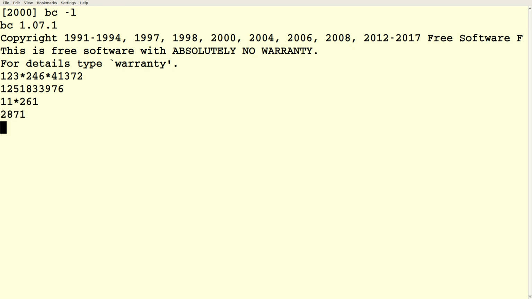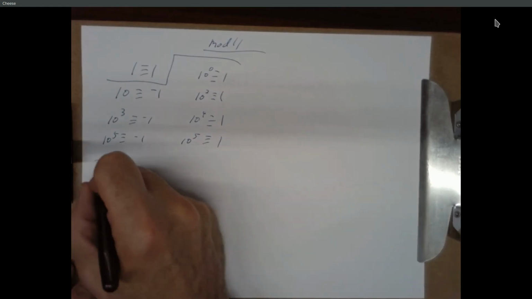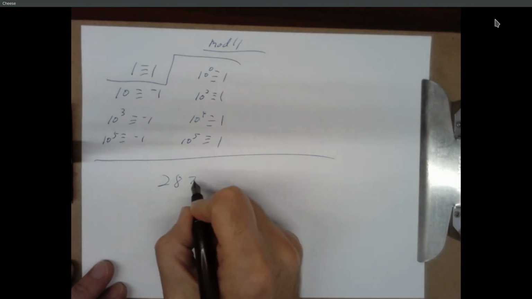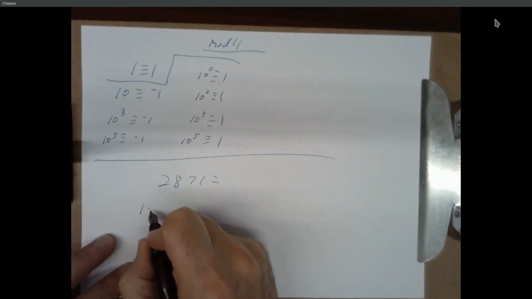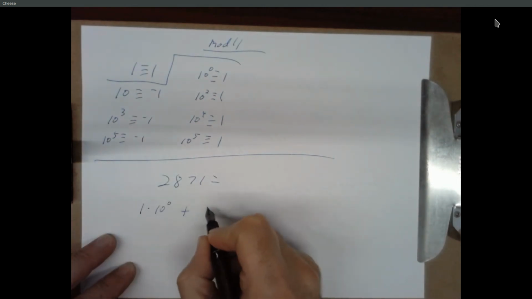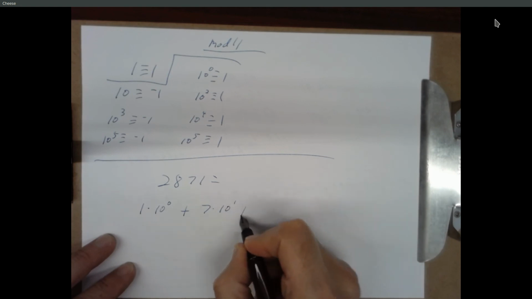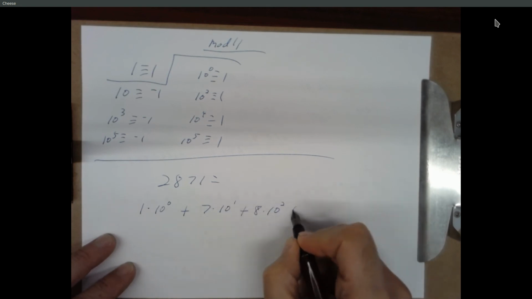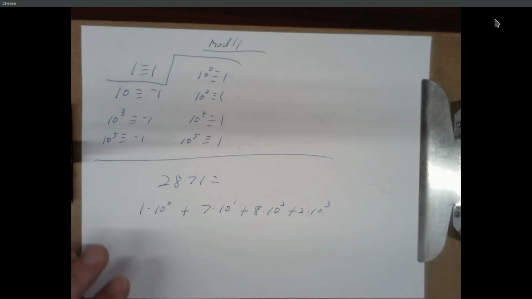So let's just pick a random number like 2871. All right, so we can write it out as powers of 10.